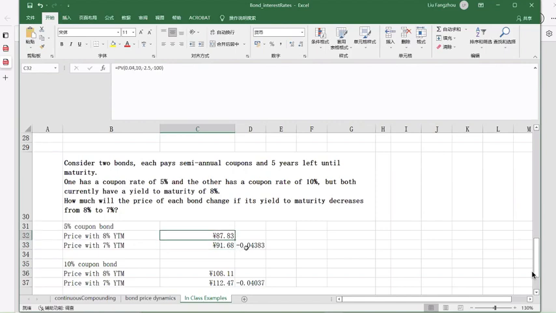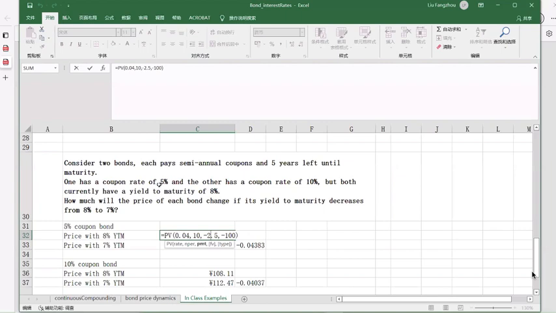When we look at the prices with 8% yield to maturity, you have a 4% period interest rate. Why would it have that? Because we have semi-annual coupons, and 5 years left. That means you have 10 payments.